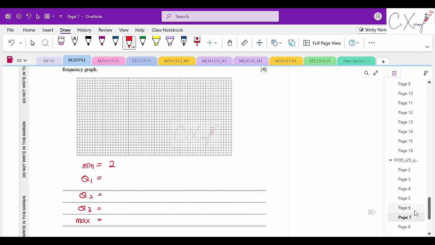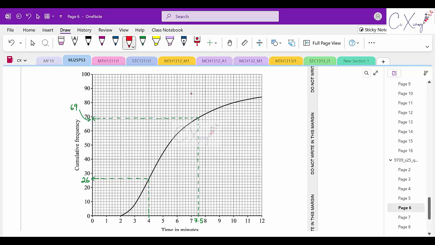Then how about Q1? Our total cumulative frequency is equal to 84, because you can see that at the highest point the value of the y-axis is 84. To get Q1, you take 84 divided by 4, which equals 21. Please estimate the value from 21. I would strongly suggest you label it clearly.